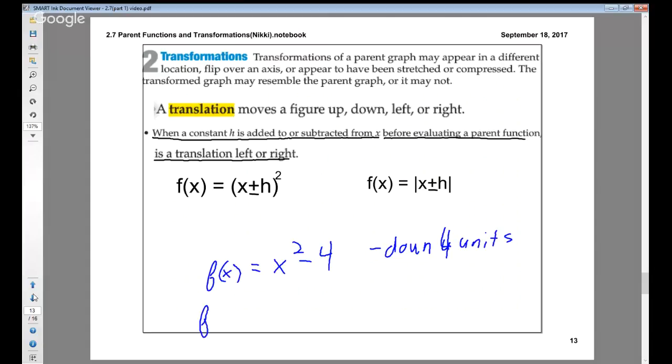However, what if the graph looked like this? Instead of the minus 4 being outside of the squared, what if it was on the inside of the squared? Or in other words, it was inside the parentheses. And as it turns out, if you have this case where your number is inside some sort of parentheses, that is actually telling you that you're going to be shifting left or right.